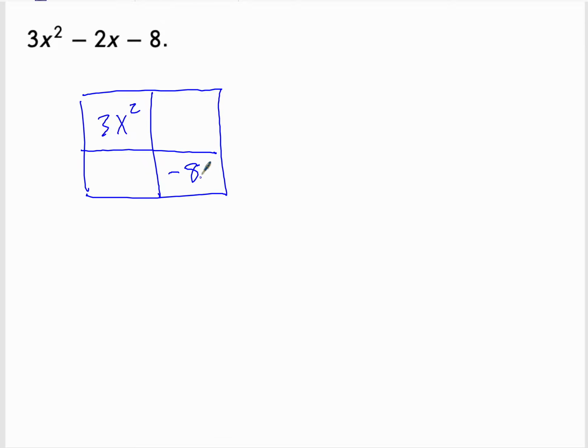So I need two numbers that multiply to negative 8 and add to negative 2. So that would be 1 and negative 8. Well, hold on just a second. Getting ahead of myself. 1 and 8, 2 and 4, and that's it. So it's got to be the 2 and the 4.